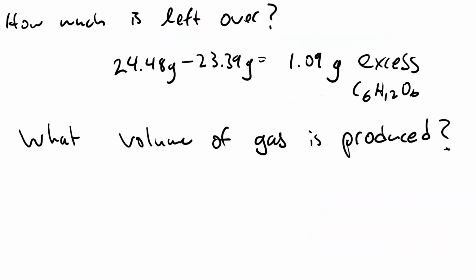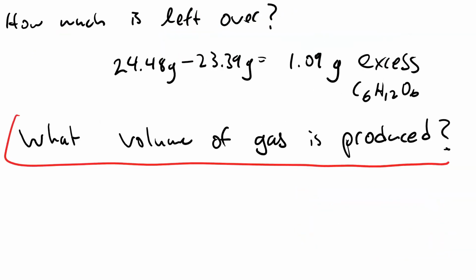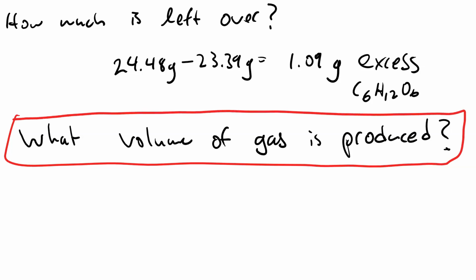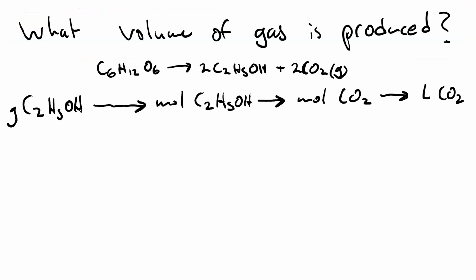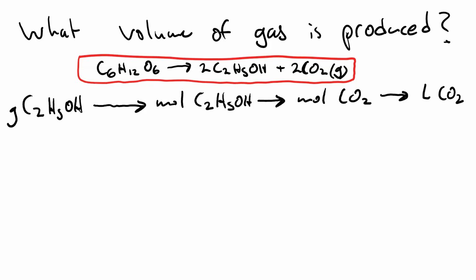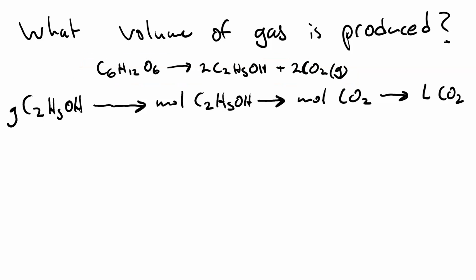The next part of the question is to determine what volume of gas is produced. Recall that our chemical reaction is the decomposition of the sugar glucose, C6H12O6, to make 2 moles of ethanol, C2H5OH, and 2 moles of CO2. The CO2 is our gas.